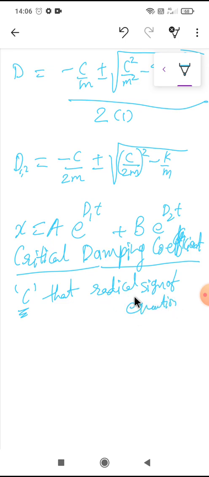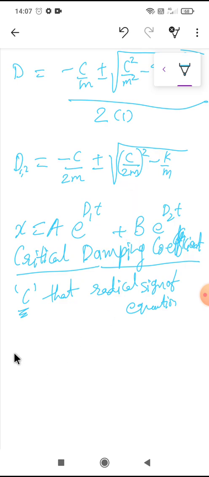So what do we mean by radical sign? Radical sign means the square root term, which tends to equal 0. So this definition means that the square root term should be equal to 0. So how can we make this term equal to 0?